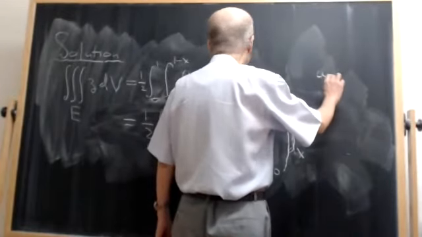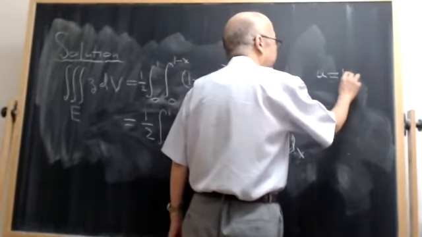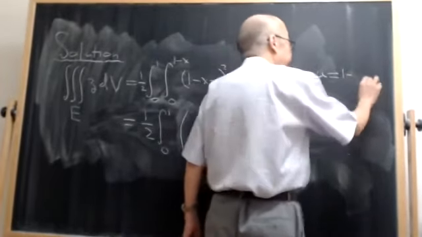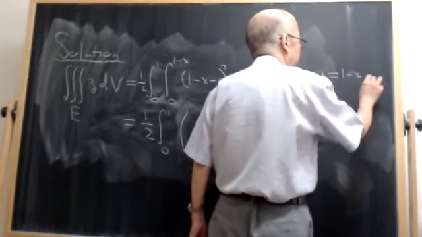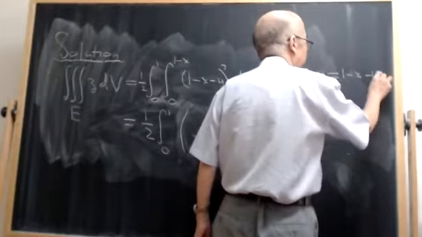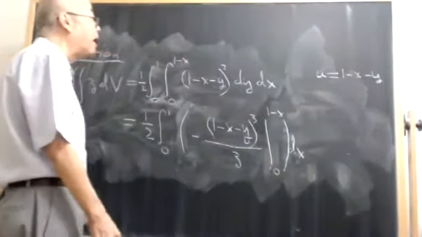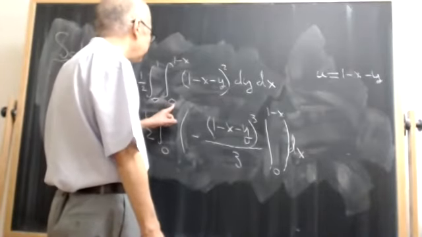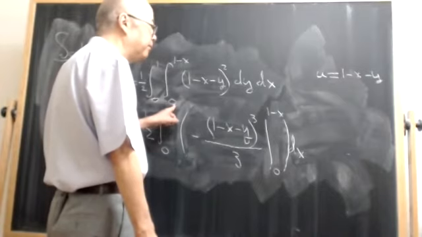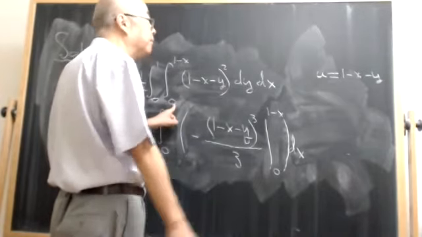So you put u equal 1 minus x minus y. This is a common mistake for students. When y is equal to 0, u is 1 minus x, right? So you put 1 minus x here.